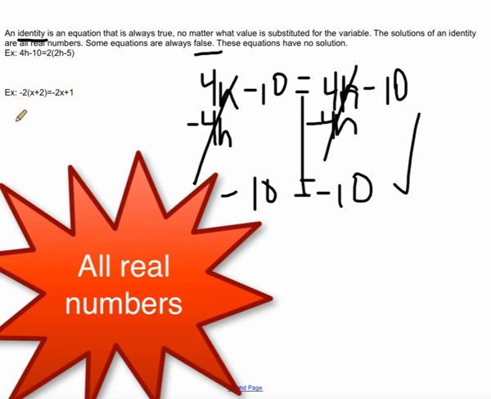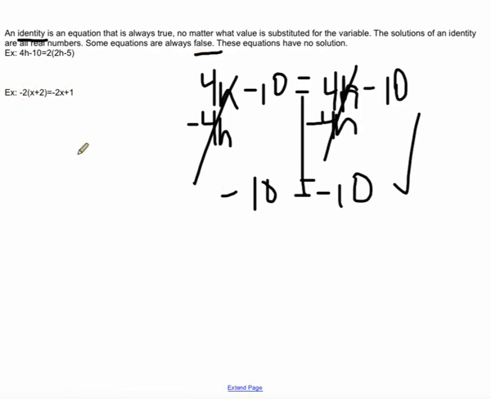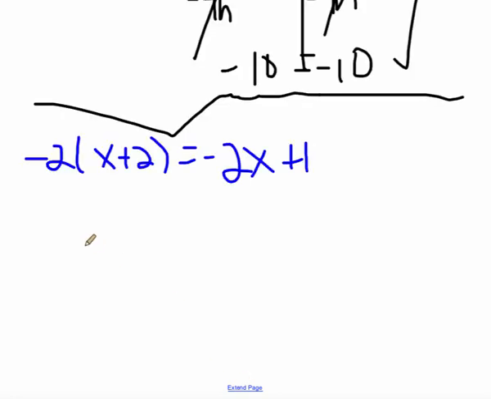The second one here, as you might guess, is one where it's always false. So let's look at that. All right, so we need to simplify the left side first.